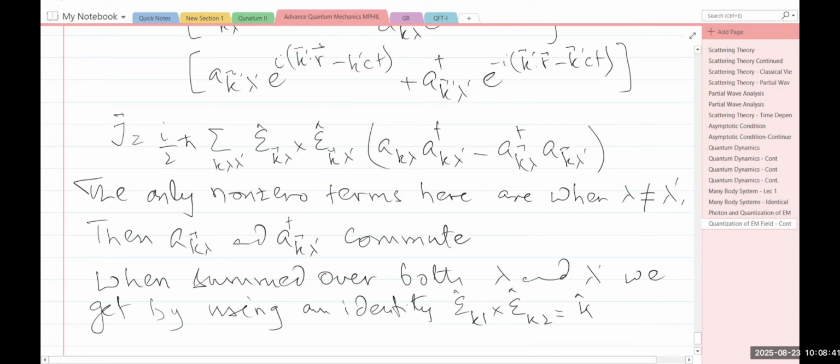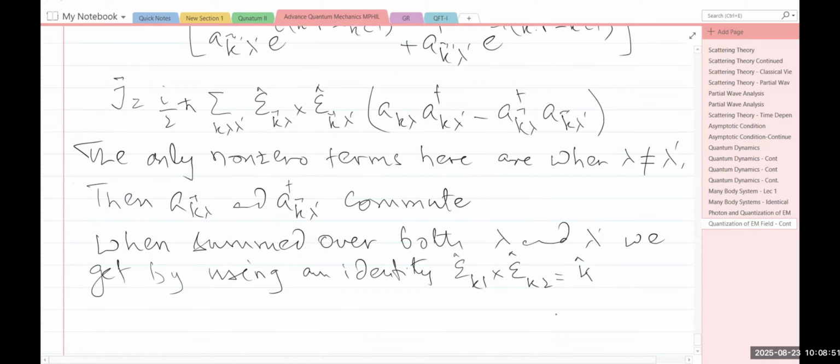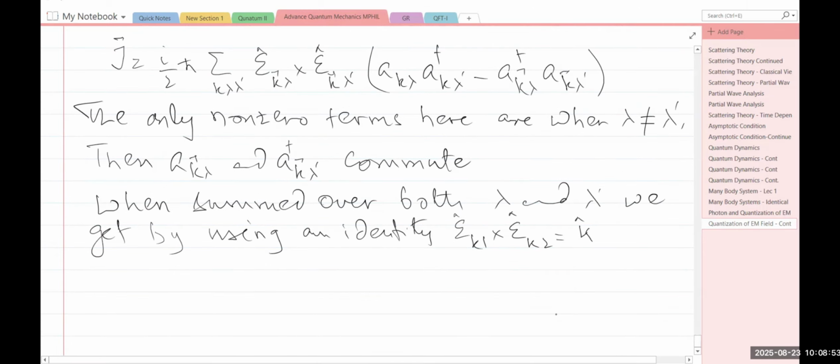That is the direction, because we have a cross product, and the cross product result would be something which is perpendicular to both of them. Yeah. And that is in fact your k vector. That is the propagation of the wave.